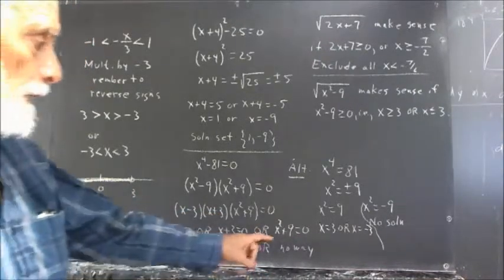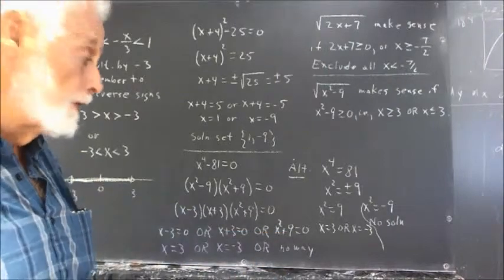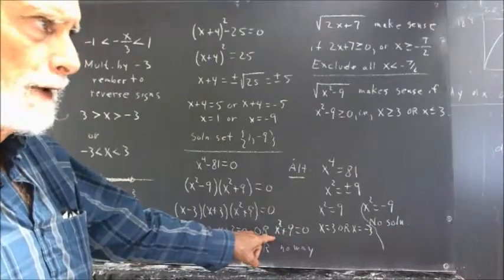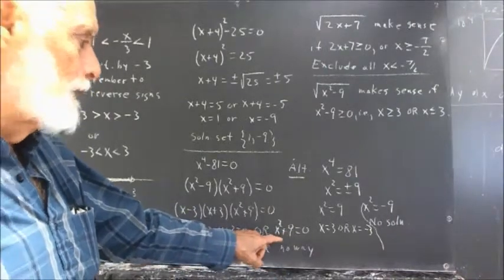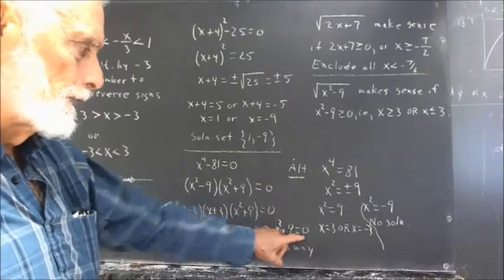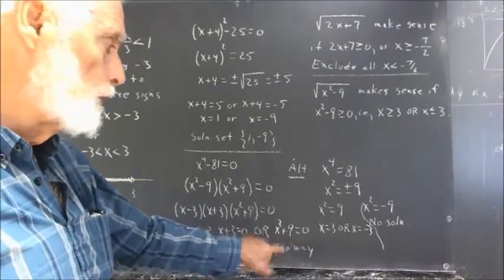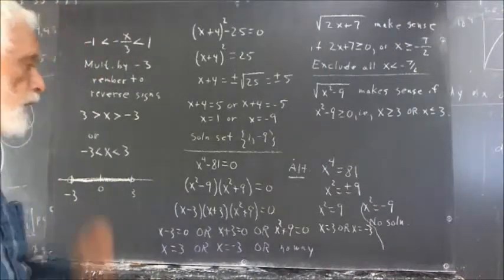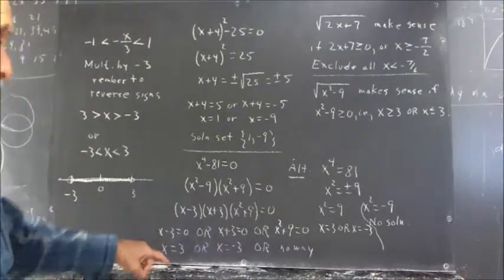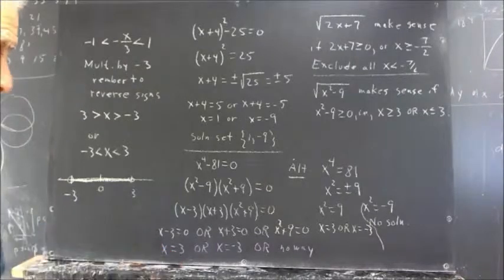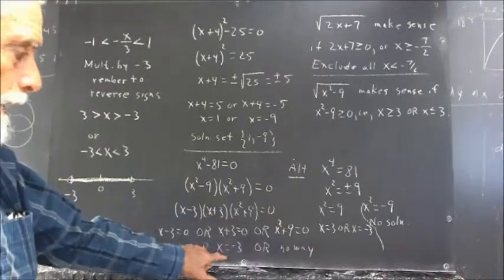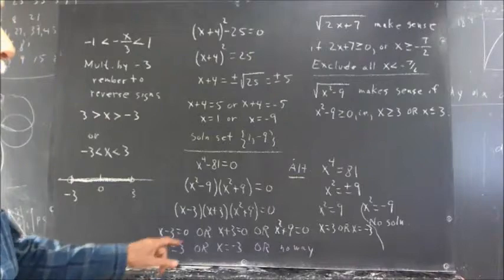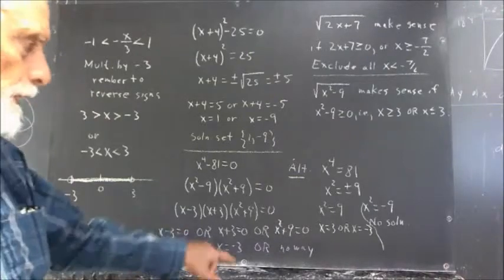Now we'll observe immediately x squared plus 9 can't be 0 because x squared can't be negative. And the only way you're going to add something to 9 and get 0 is if that thing is negative. So there's no way this one gives you anything that's added to the solution. But this equation obviously has solution x equals 3. This one, x equals -3. So our solution set would be the set 3 and -3.